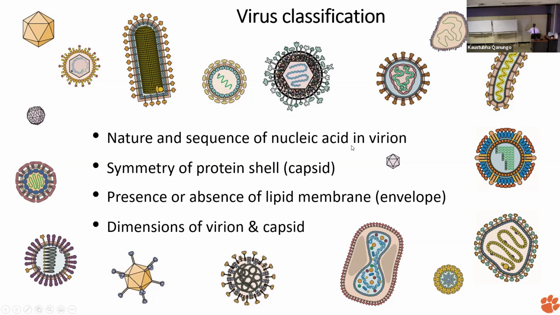This criterion doesn't even apply to any living organism, because the nature of the nucleic acid is always DNA. The genetic material is DNA everywhere. Here, for the first time, you have DNA as well as RNA. Not only that, we're going to see in the genetics chapter, there will be double-stranded DNA, single-stranded DNA, then double-stranded RNA, and then plus-strand RNA, which is 5' to 3', and minus-strand RNA, which is 3' to 5'.